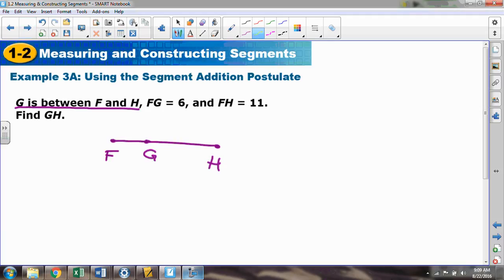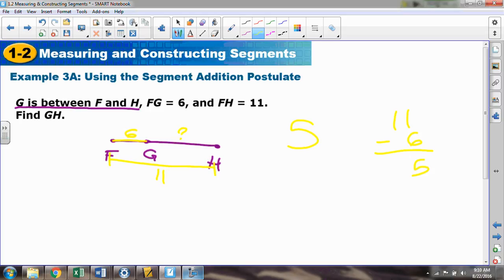FG is 6. FH is 11. So the whole thing is 11. How big is GH? 5. We've got our answer. How'd you get it? Subtract 6 from 11. We're done.